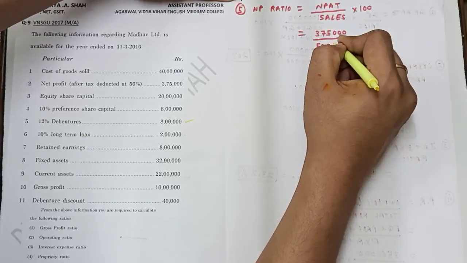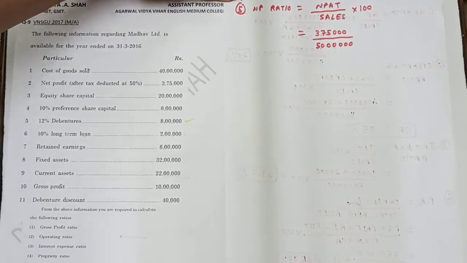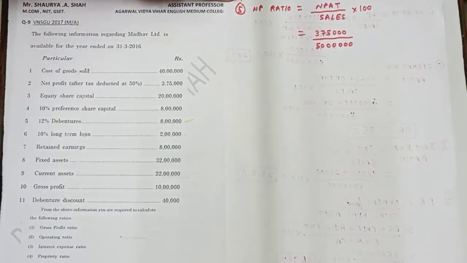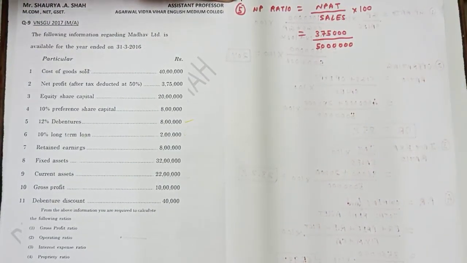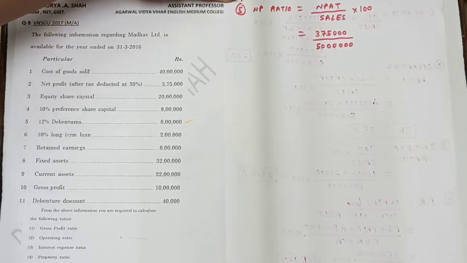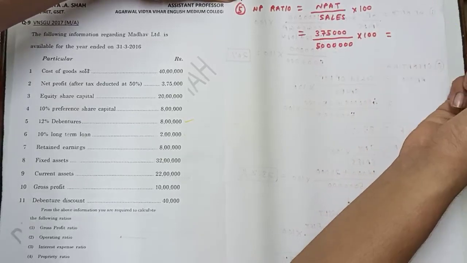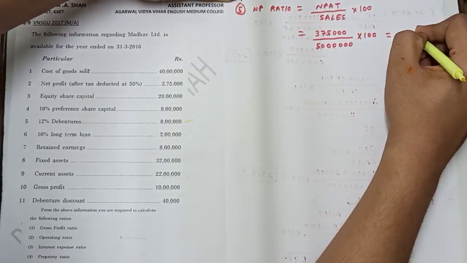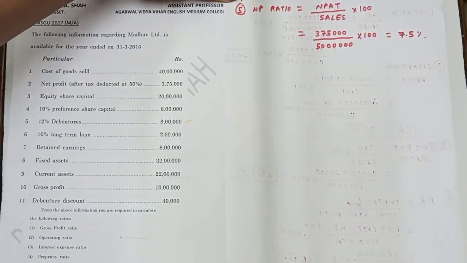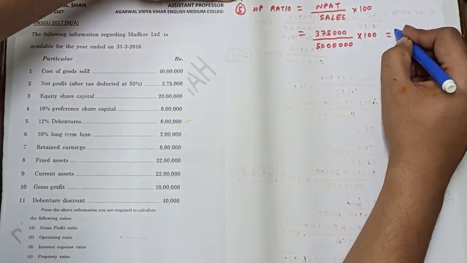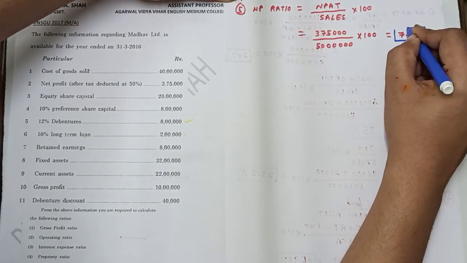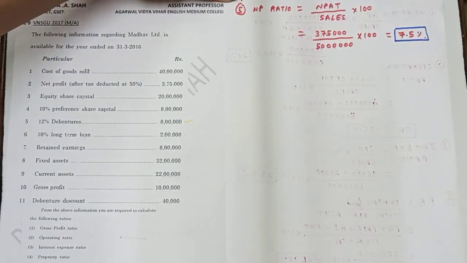So what you can do, students, is before starting the sum, you can see the formulas and find out the missing items. For example, sales is there, net profit after tax is there, so that you can easily calculate the sum. Fine. So in 200, what I'll get as answer is net profit ratio equal to 7.5%, right? I suppose it is clear to everyone.